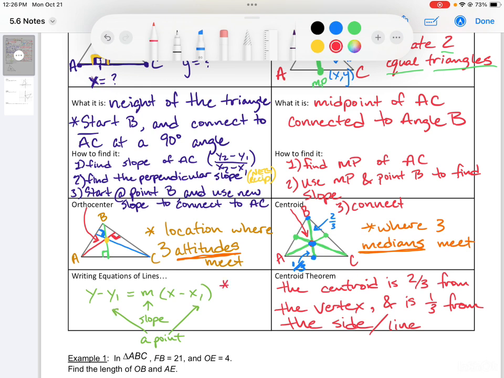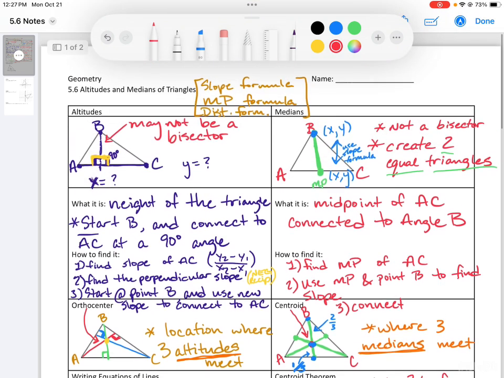And you use this to find slope-intercept form, which is y equals mx plus b. All right, so a lot of information up front.